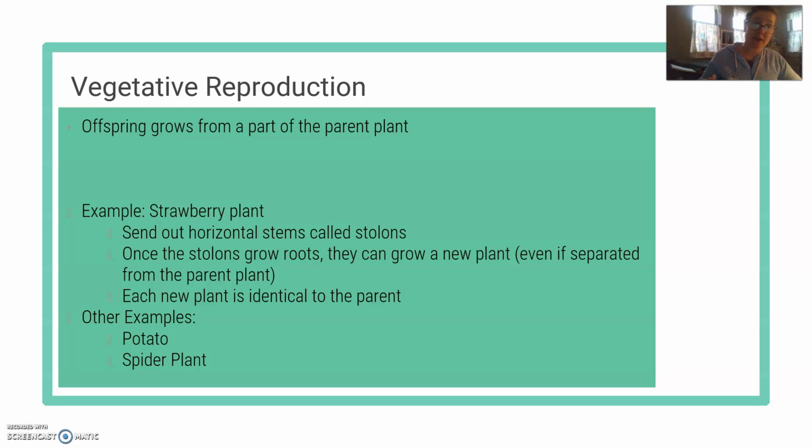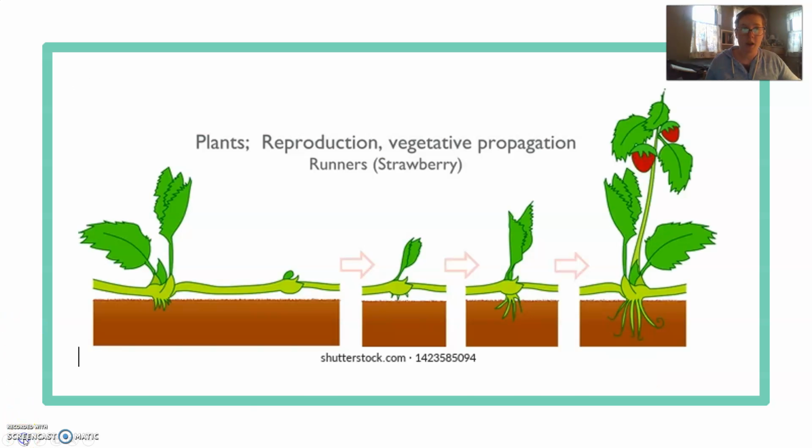The way you know it's identical is that vegetative reproduction is a type of asexual reproduction, so it automatically means offspring must be identical. So again, this is our strawberry plant. You have the plant here again, and it's going to have its runners, and its runner then grows some roots. Remember, I told you they're kind of abrasive to the touch at first. It grips to the ground.